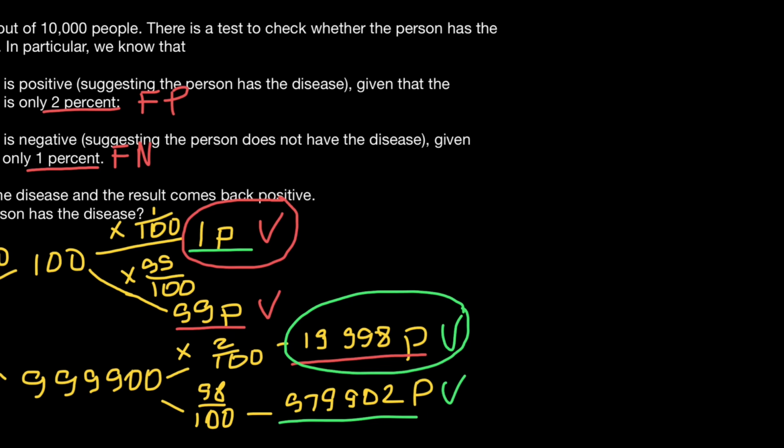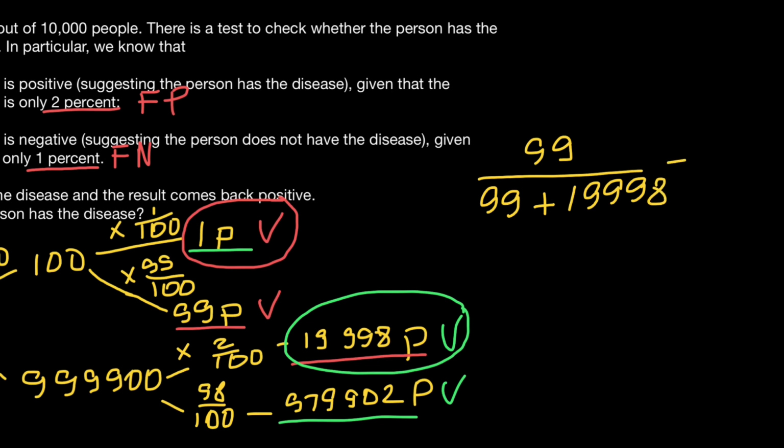And this is 99 over, but actually we also have a group of people who don't have the disease, but were tested positive. So we have to divide by 99 plus 19,998.